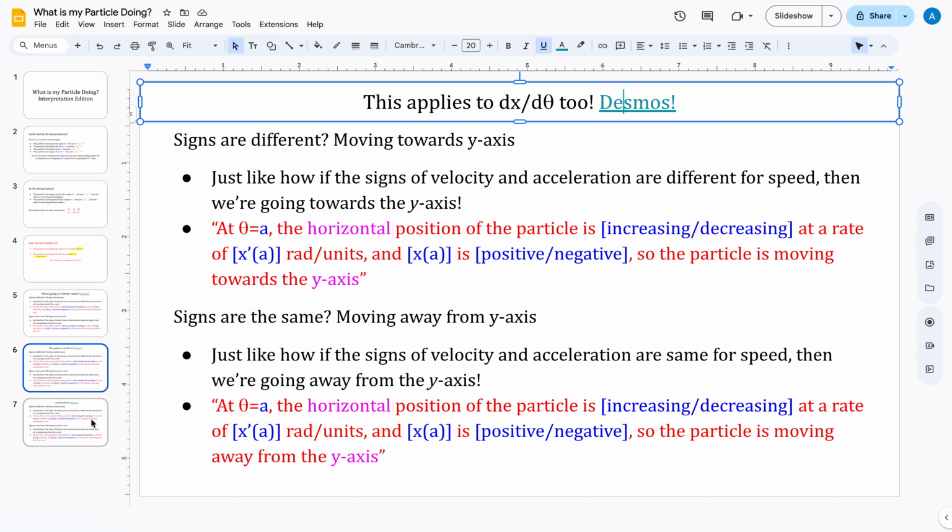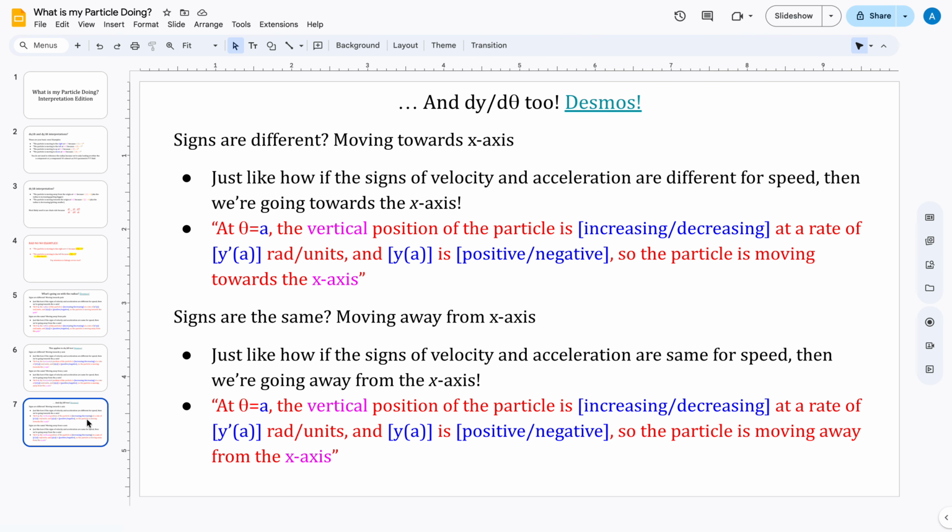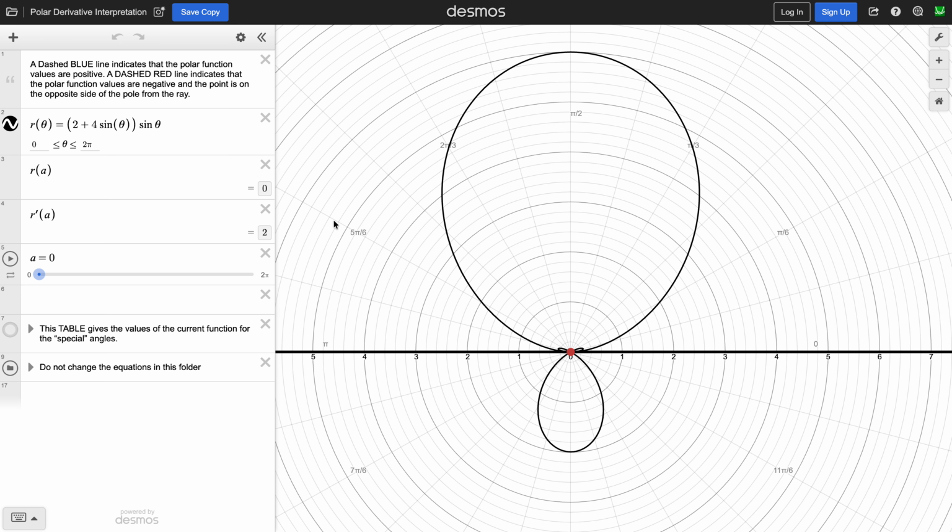And then, of course, same thing with dy d theta. Whenever you do r sine of theta here, you're moving towards the x-axis, or you're moving away from the x-axis. So in this case, your y values are increasing or your y values are decreasing. Notice how my y values are increasing here.